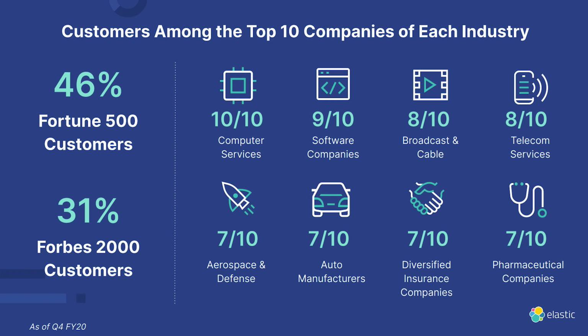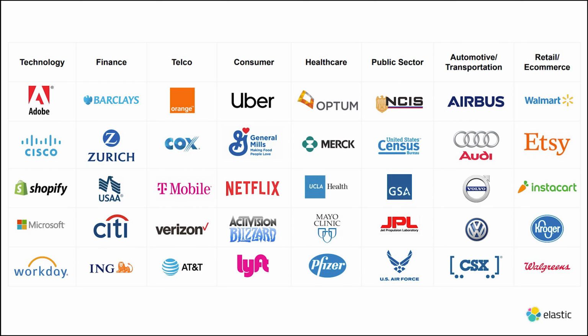One of the great things about Elastic is that it's being used in a wide array of different industries and a whole bunch of notable companies. So about 46% of the Fortune 500 customers use their product, and 31% of the Forbes 2000 use their product as well. I'm sure you notice most of these brands from Adobe, Cisco, Shopify, Etsy.